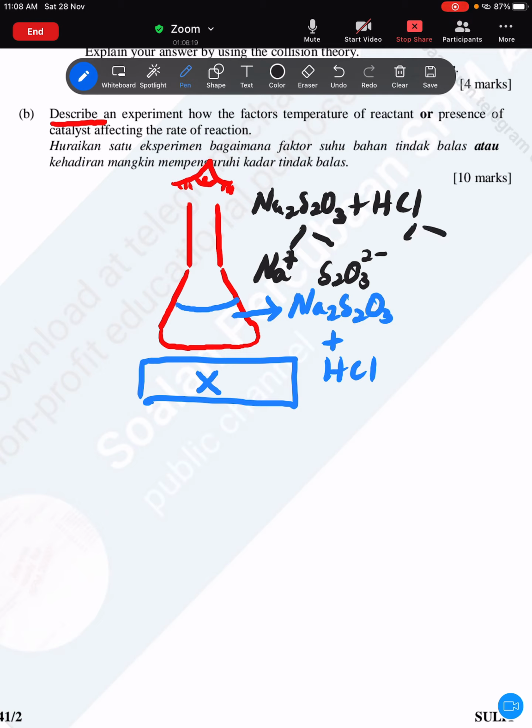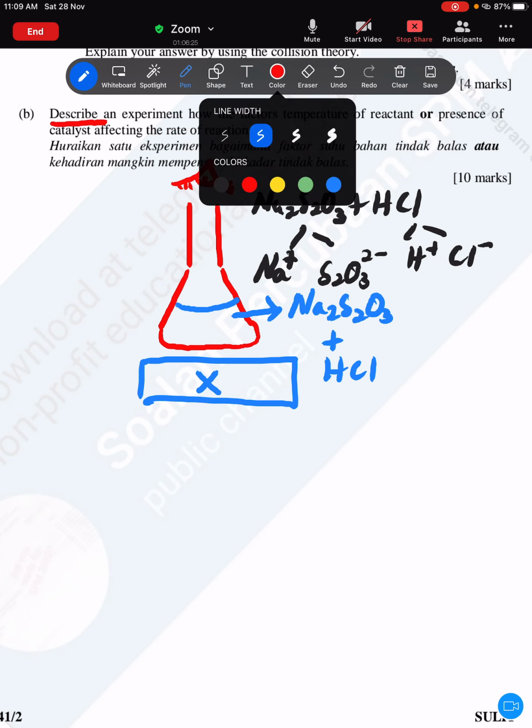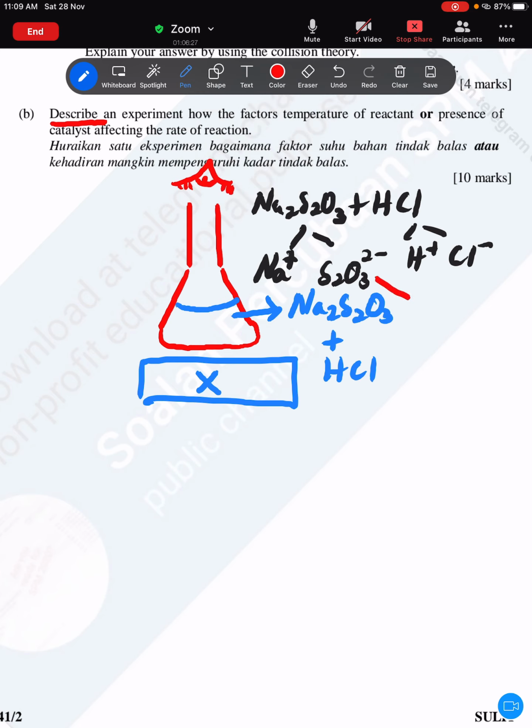And over here it becomes H plus and Cl minus. Guys, I have told my students this thing can be further broken. Dia akan pecah jadi apa? Dia akan pecah jadi SO, sulfur dioxide, and also oxygen, and also sulfur.